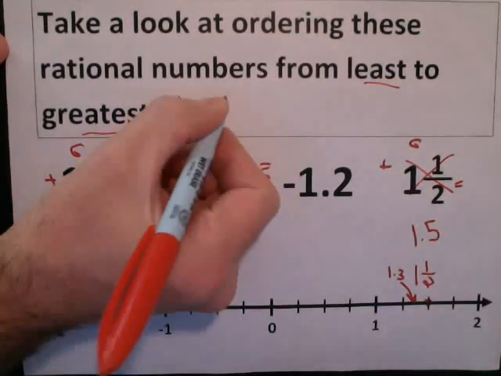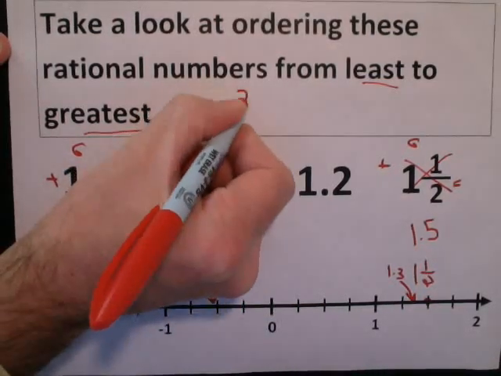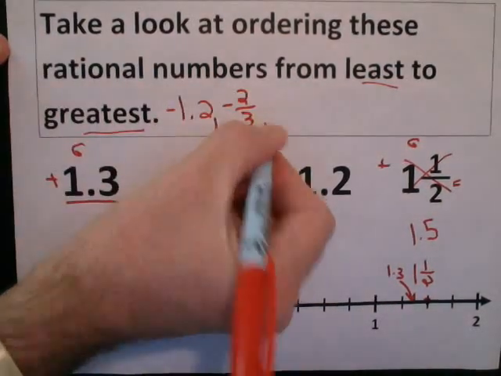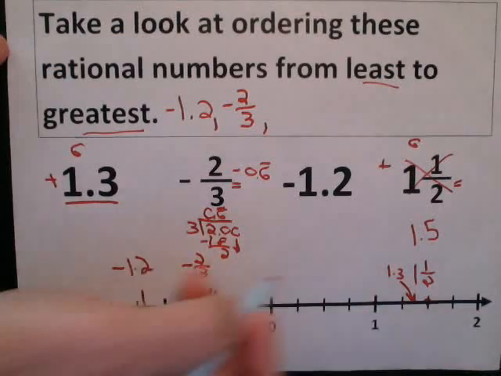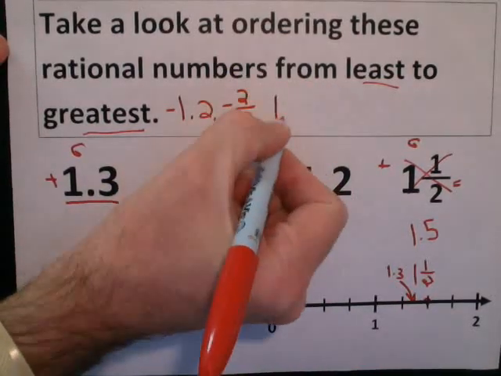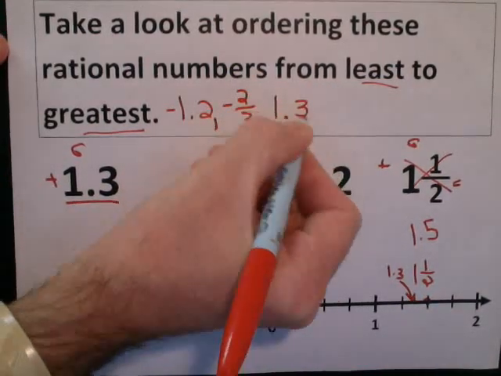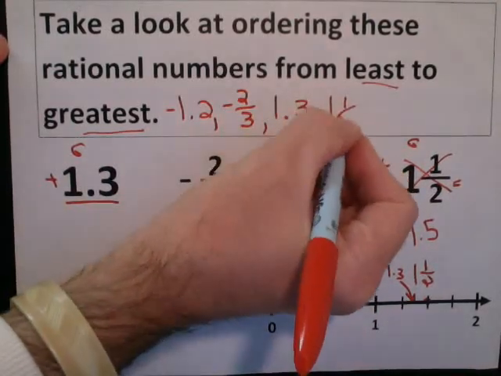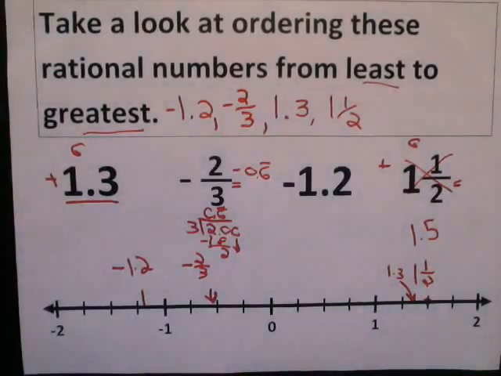So now we know that we would then have negative 2/3, and then we would go into our positive numbers, and we would have our next as 1 3/10. So we would have a positive 1 3/10, and our greatest number would be a positive 1.5. And that's how we would order them from least to greatest.